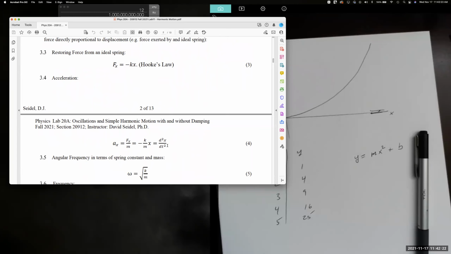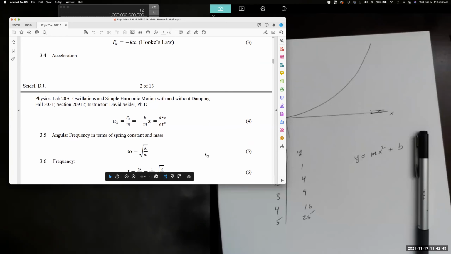It turns out that's equal to the second derivative of x with respect to time. That's a very convenient thing to know because that sets up what's called a differential equation. So I've written it in here as extra information. You're not expected to do calculus or solve differential equations. All we need to know is a_x is minus k over m times x.